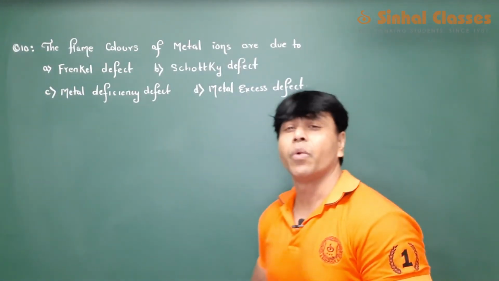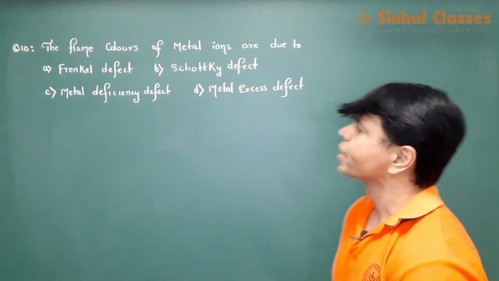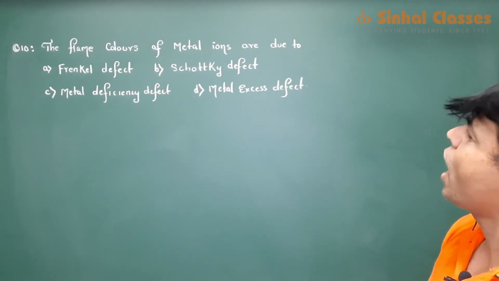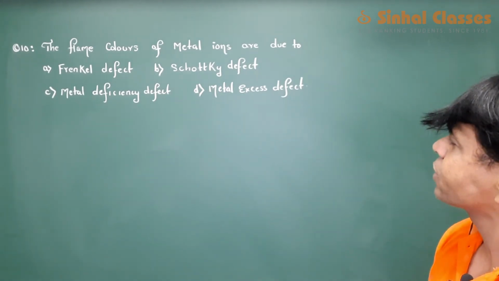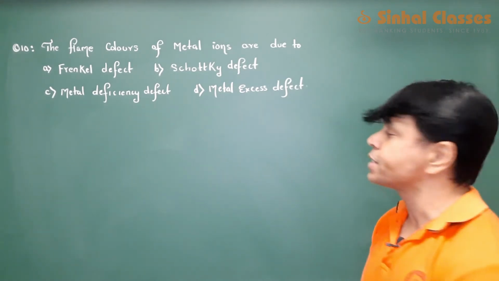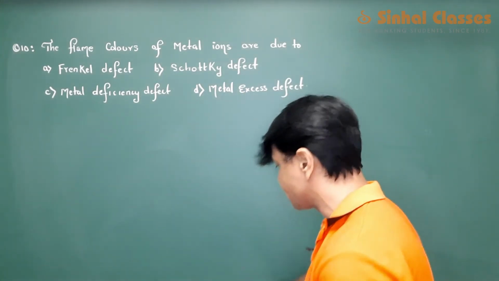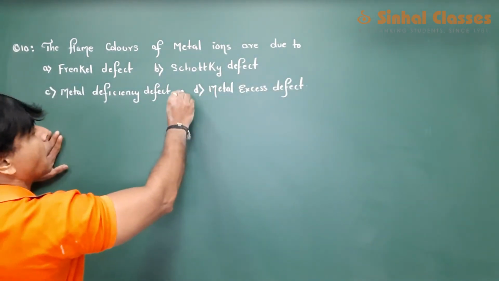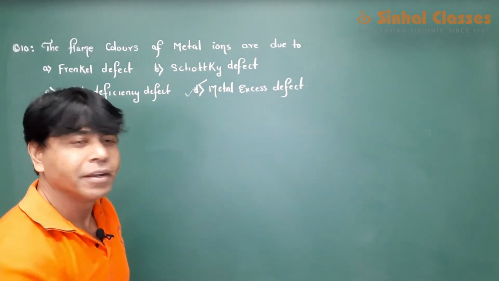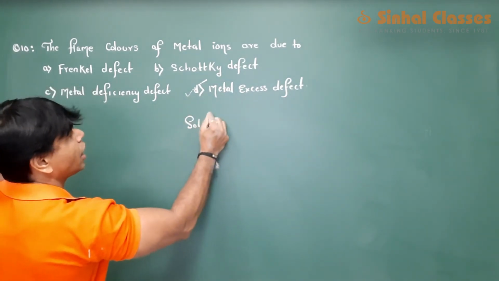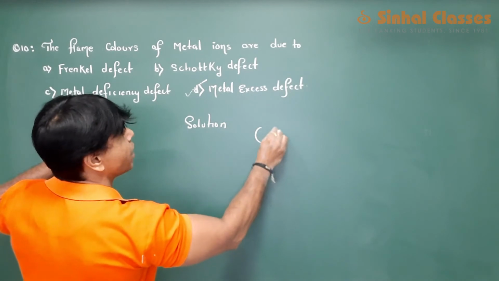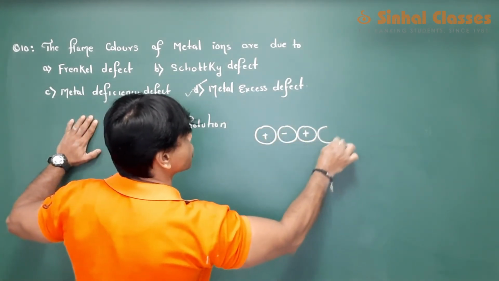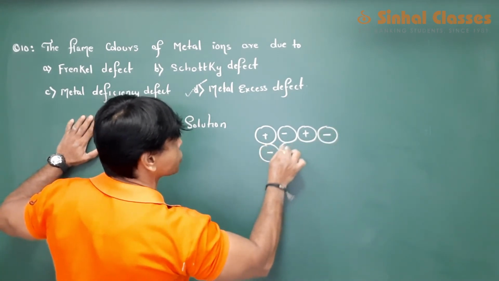Okay students, we see a very interesting question now. It says the flame color of metal ions is due to Frenkel defect, Schottky defect, metal deficiency defect, or metal excess defect. Now the basic color is seen because of metal excess defect. Reason for that is, a crystal basically is made up of positive and negative ions.